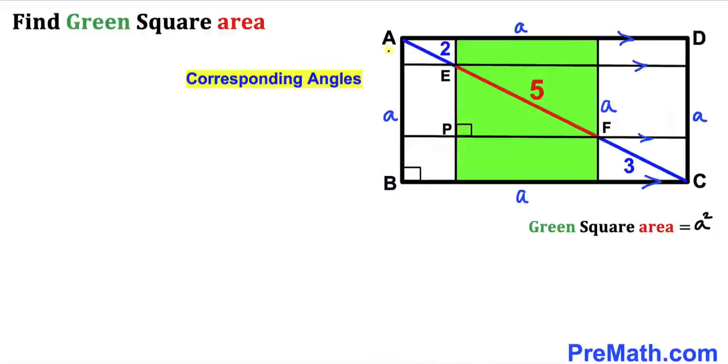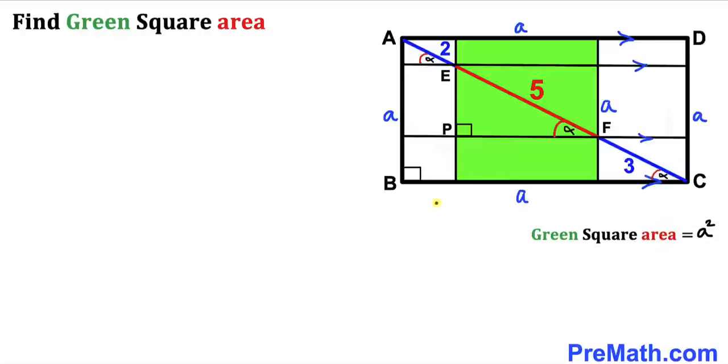Furthermore, these angles are corresponding angles, and they are congruent. In other words, if this angle is alpha, then this angle is alpha, and this angle has to be alpha as well.